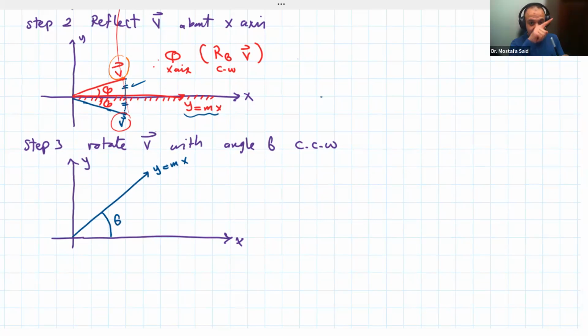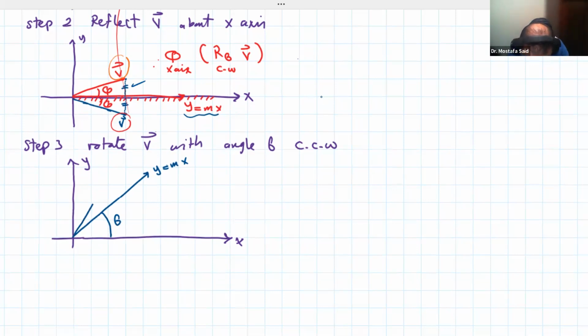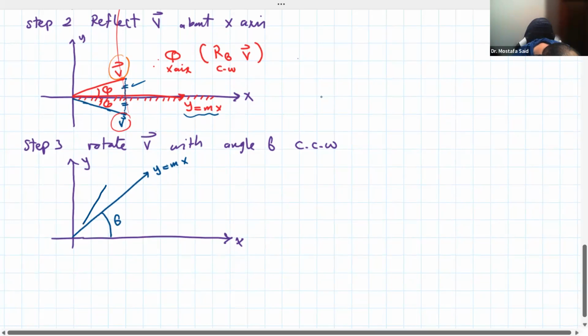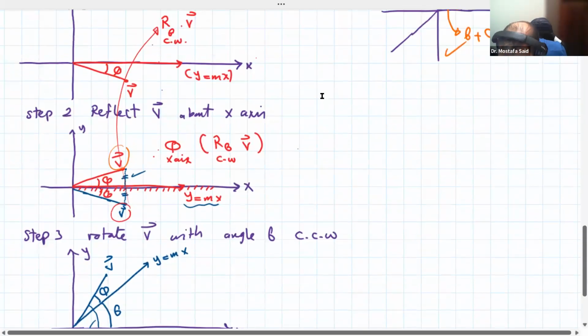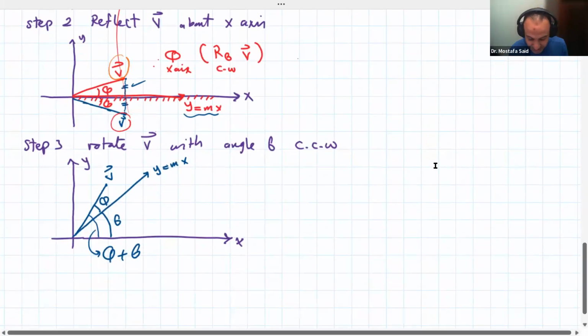So its angle from the x-axis will be phi plus theta. So it will end up here. And that's here phi. So the total angle here is phi plus theta, just as what we wanted in here.